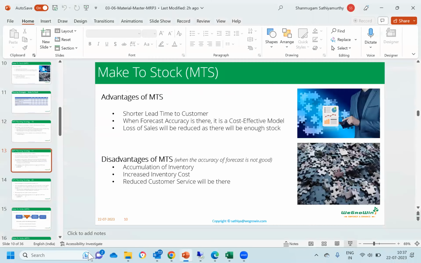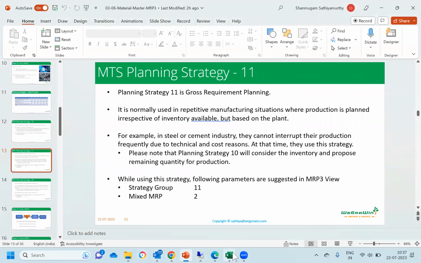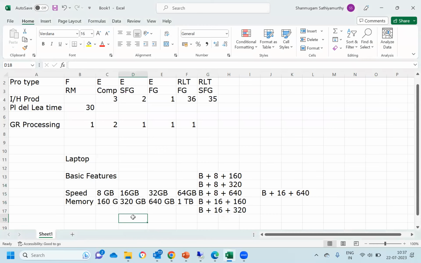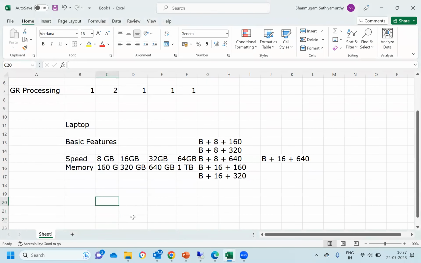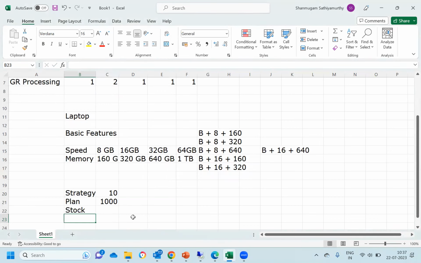For example, if I use strategy 10, and I have a plan for 1,000, and I have stock for 100, the system will give the further production.